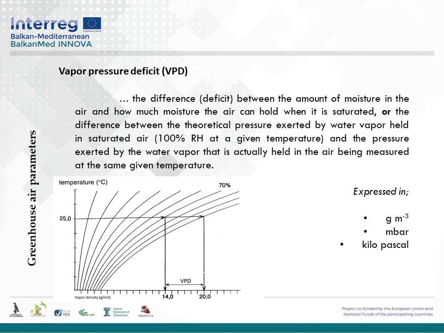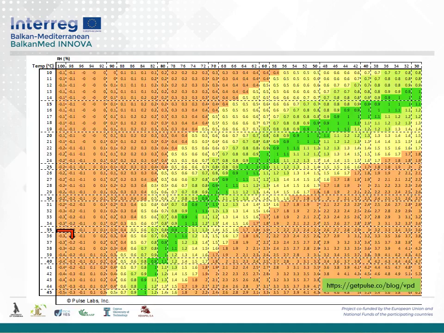As I said, alternatively it can be expressed in terms of vapor pressure, and in such cases it can be expressed either in millibars or in kilopascals. This is a graph expressing the vapor pressure deficit in kilopascals, and you see that it is split in different colors.